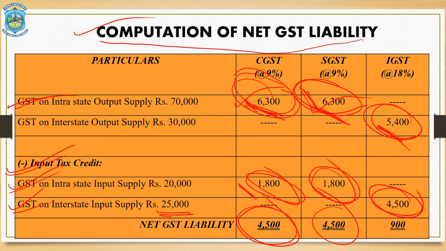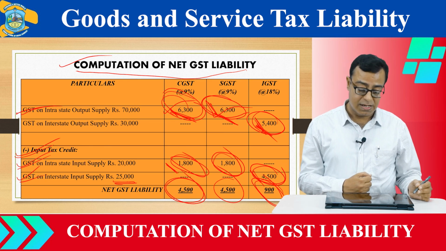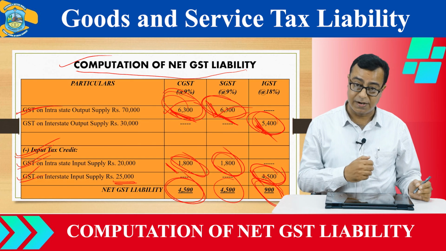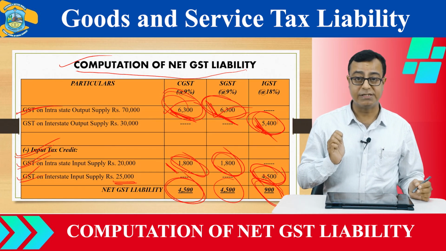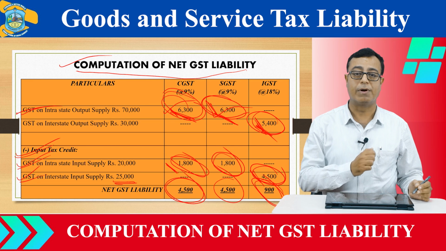Payable amount is 5,400 and deductible amount is 4,500. Here we have the net IGST liability of rupees 900. It means finally we have to pay CGST 4,500, SGST 4,500 and IGST 900 to the government.